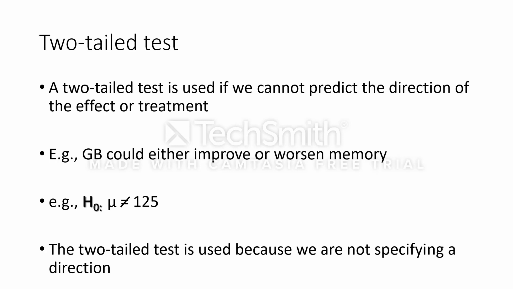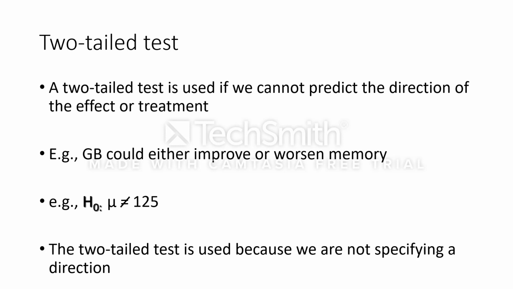There's another type of test, the two-tailed test. And this is a test when we're not sure about the direction of the effect or treatment that we're interested in. So it might be that you're reading research on ginkgo biloba, and some of the research shows that it doesn't improve memory. In fact, it kind of makes it worse. And other research shows that it might have a memory-enhancing effect.